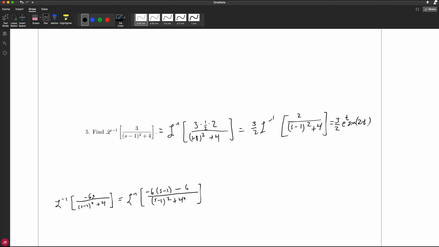Oh, well now look, this first term on the top here divided by the denominator will be a cosine identity in the Laplace transform. And this one here will be a sine identity. Well, let's see if we can identify which one. Now 6 is actually 3 times 2, right? And the reason I'm thinking of it like that, look at the last example. 2 is the beta value.